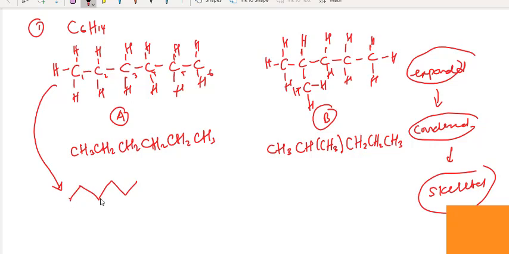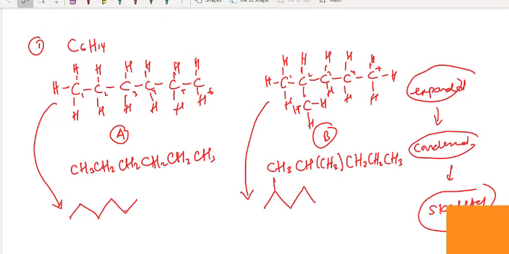In this structure, 1, 2, 3, 4, 5, and the substituent CH3 is bonded to the second carbon. So this is our second carbon, and we have another carbon here. So this is how we answer question number 1.